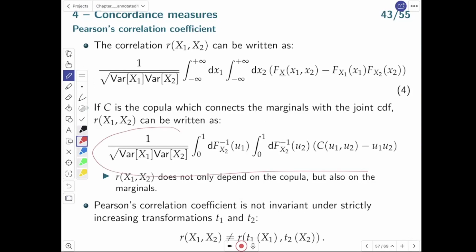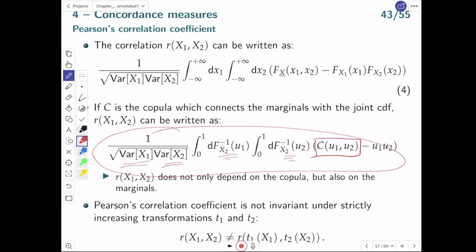That's what you see here. Well, the correlation has to do something with the copula function C. That's what you expect. But if you look at this formula, if you change only x1, if you change only x2, yeah, your variances may change, your CDF may change, your correlation is changing.